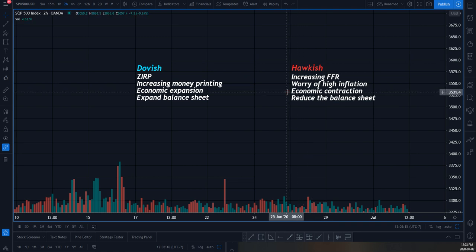And due to the worry of high inflation, they're going to look for economic contraction. So if you're not stimulating, if you're not trying to push the economic expansion forward, obviously the contrary would be you would see a contraction. But not all contractions are a bad thing.